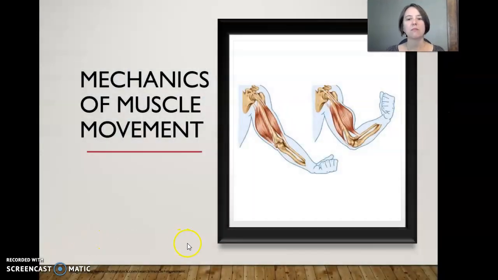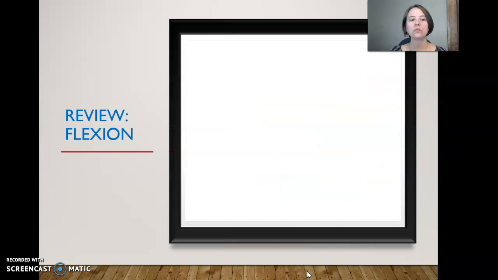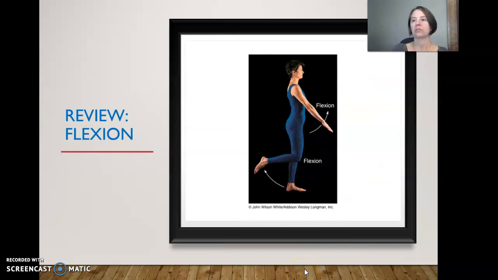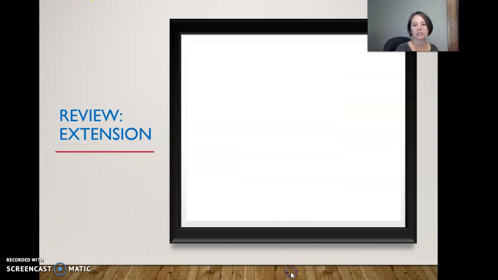And previously on Part 3, we talked about muscle movements. We reviewed flexion, extension, and hyperextension. And then at the shoulder, it would be flexion, and then extension, and then at the knee, flexion and extension.